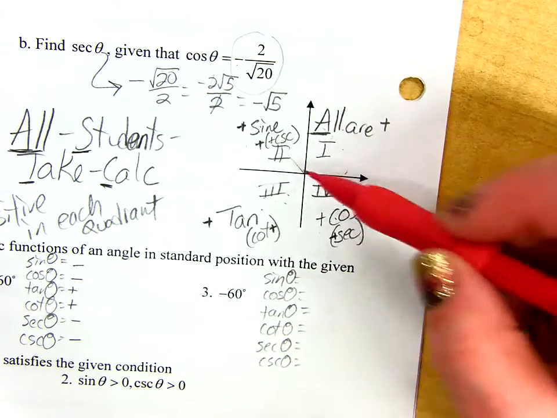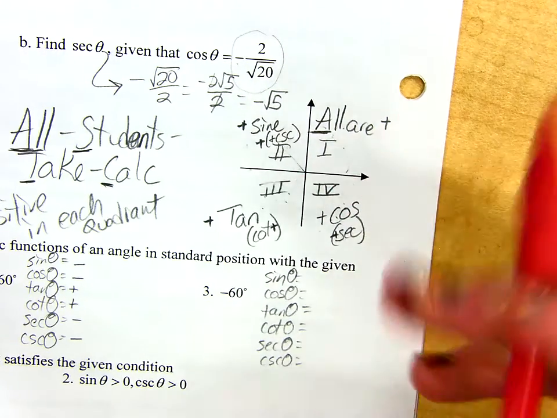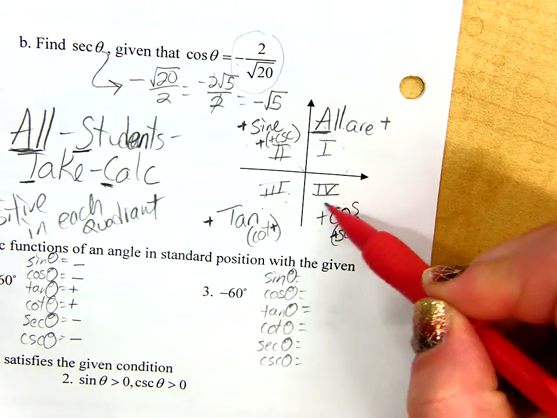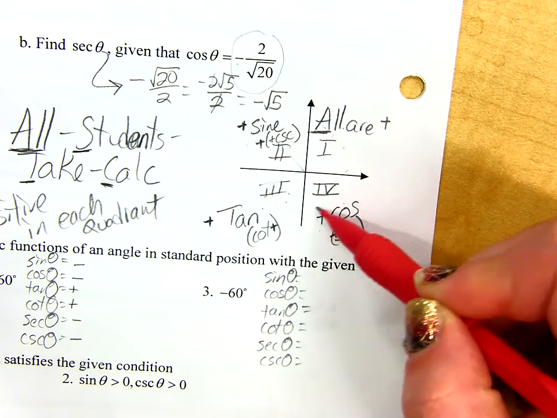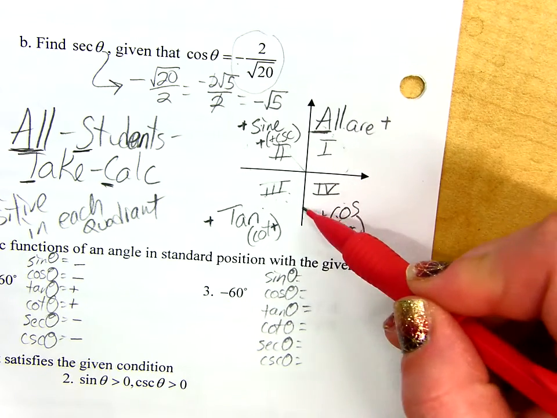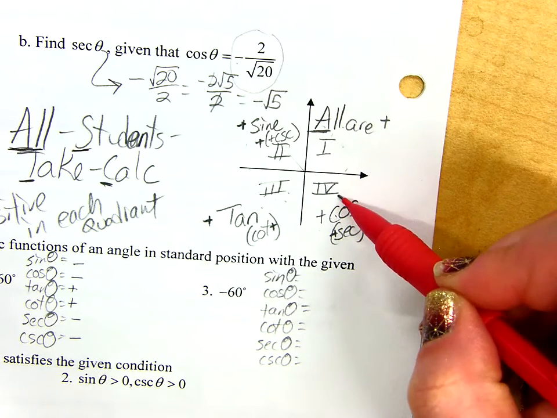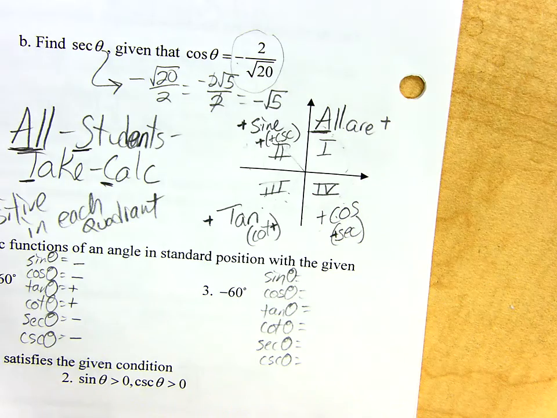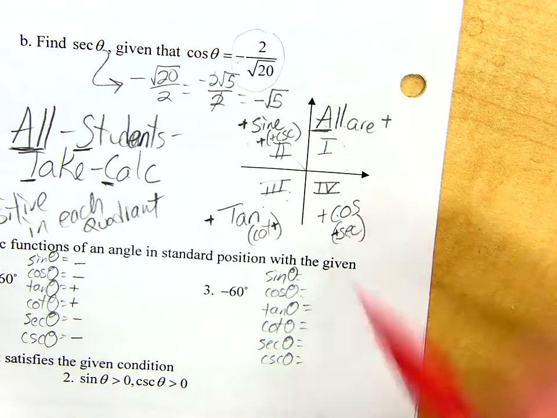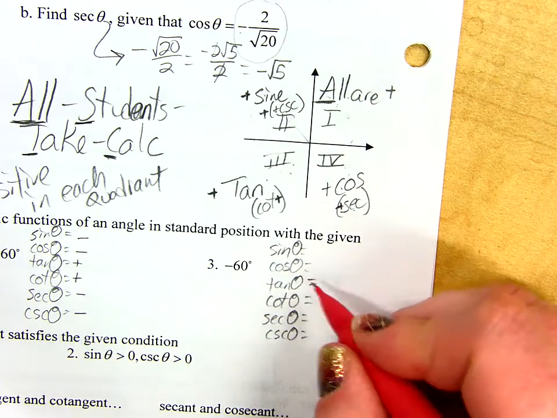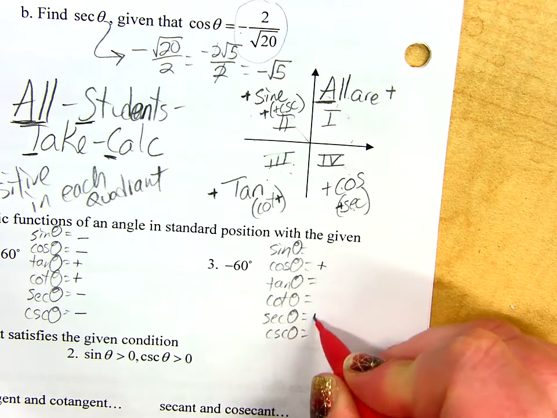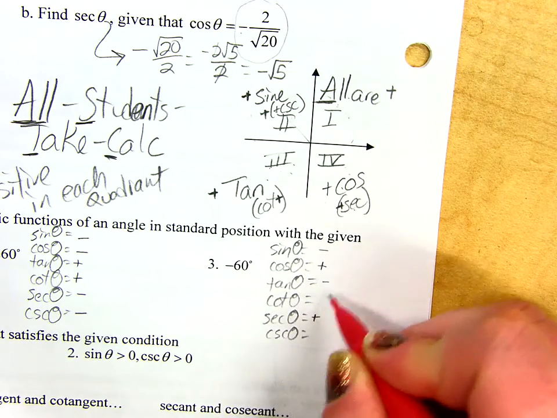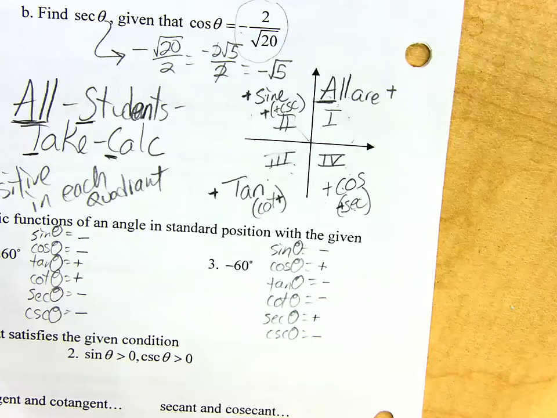So if you look back, a negative 60 means that instead of going this way, I go this way. But I'm only going 60 degrees, right? This would be negative 90, so I'm not quite there. I'm somewhere in the fourth quadrant. Who is positive in the fourth quadrant? Cosine and secant, its reciprocal. So cosine, secant, and everybody else is negative. All right? That's not so bad.